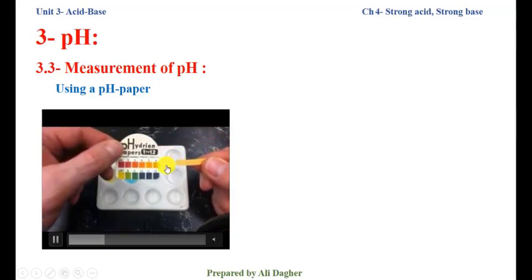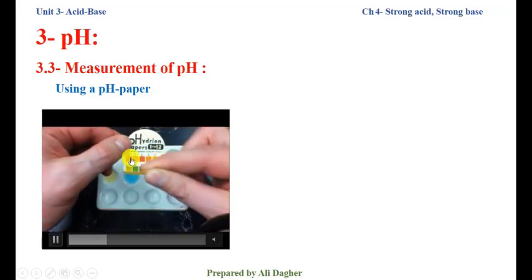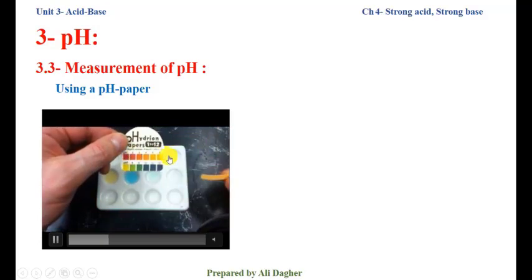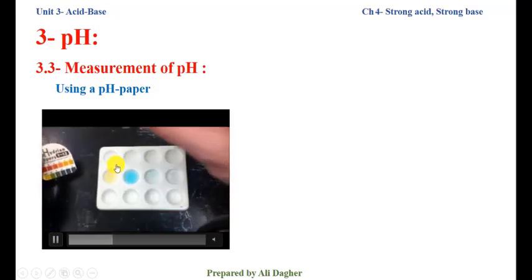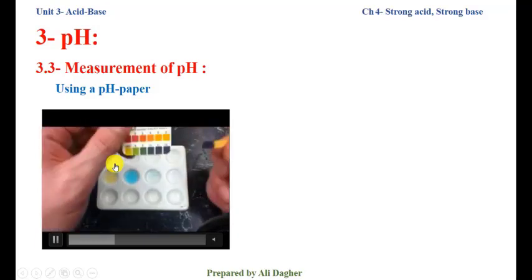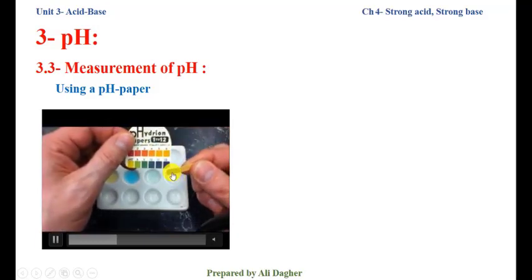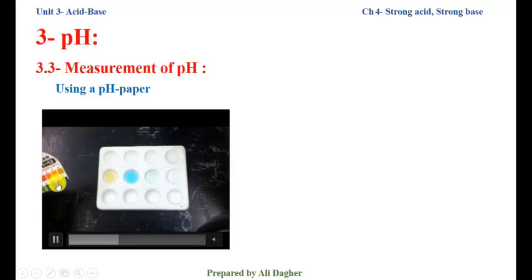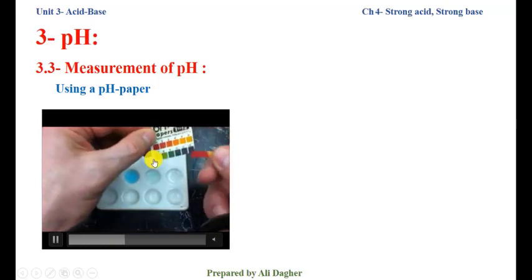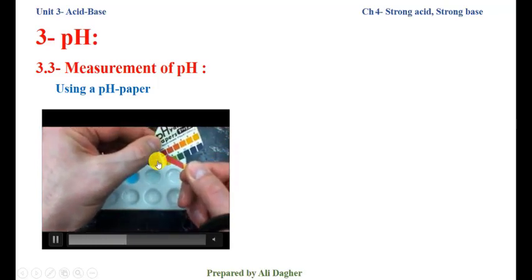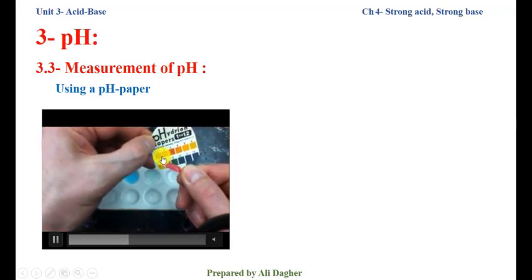We dip the pH paper into the solution and we compare the color with the color given in this paper. The nearest color indicates the pH. In this case, the color is near to 12, then the pH is close to 12. In hydrochloric acid, the pH is close to 1, between 1 and 2.